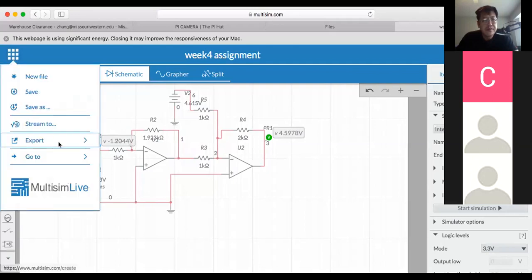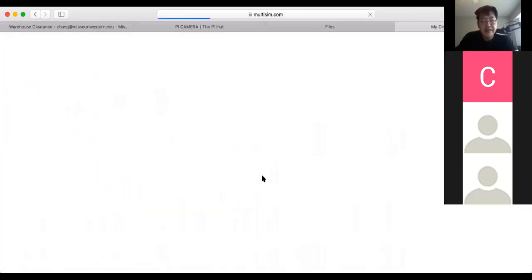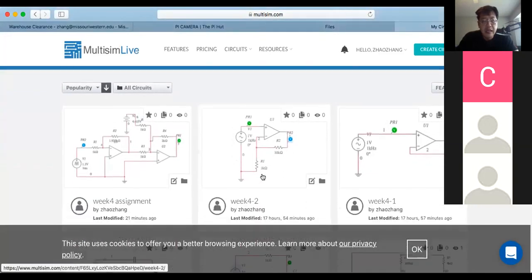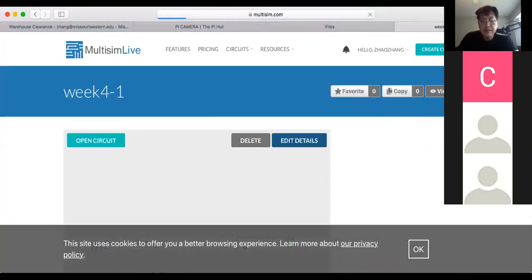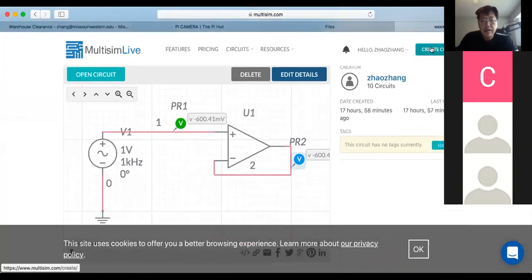This is Multisim Live, same as we used last week. I have a couple of circuits. We started with the first one, week 4.1, so I will open this circuit.